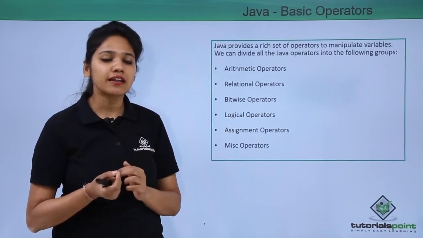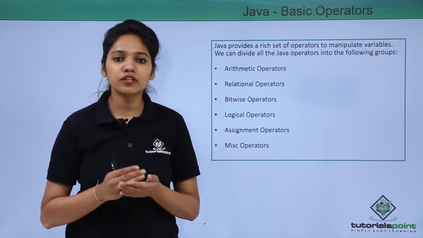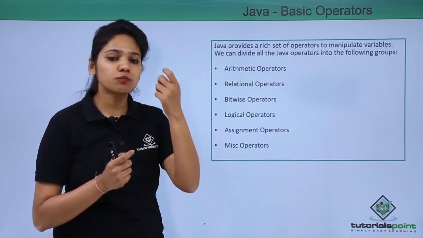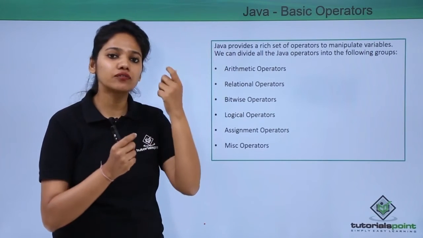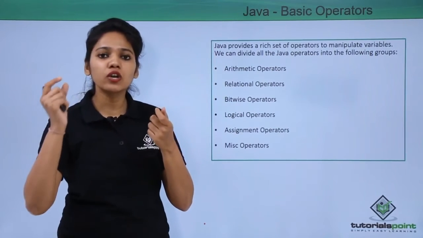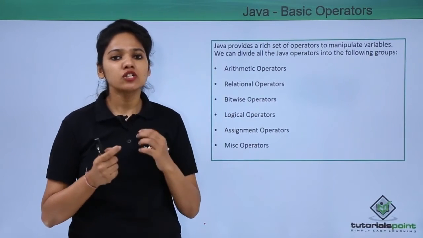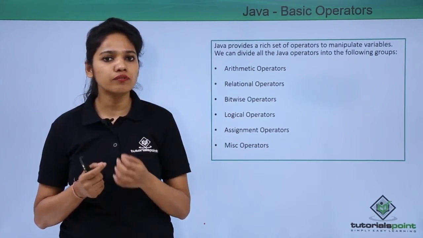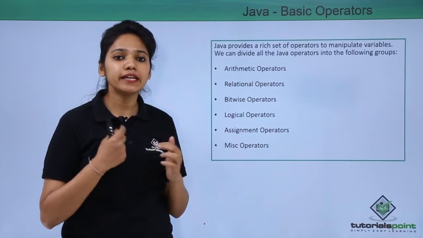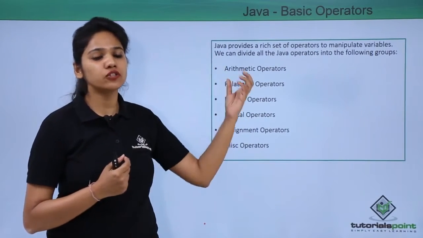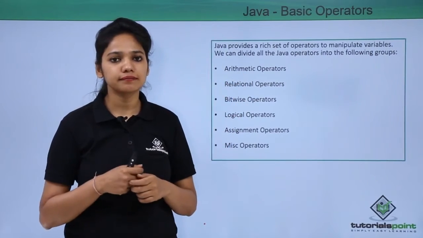You need to understand that. In the case of conditional or ternary operators, we say that if this expression is true, then the value will be this one, or else that one. So these are the kinds of operators. We will understand each of them in detail in the upcoming videos and execute programs to understand how each of these operators works.